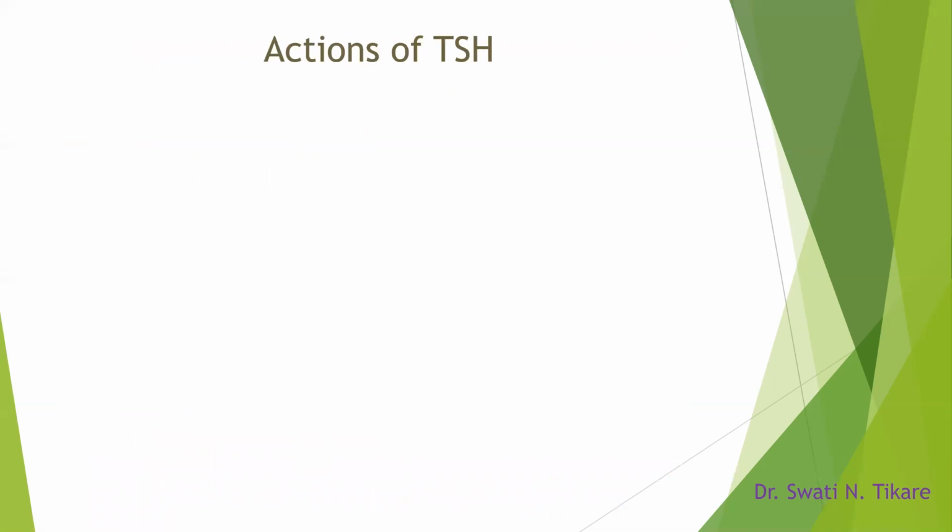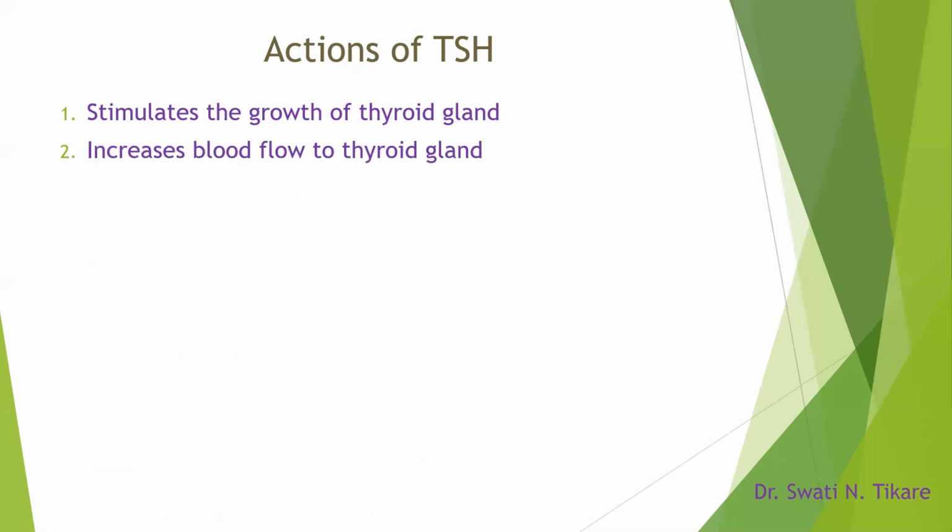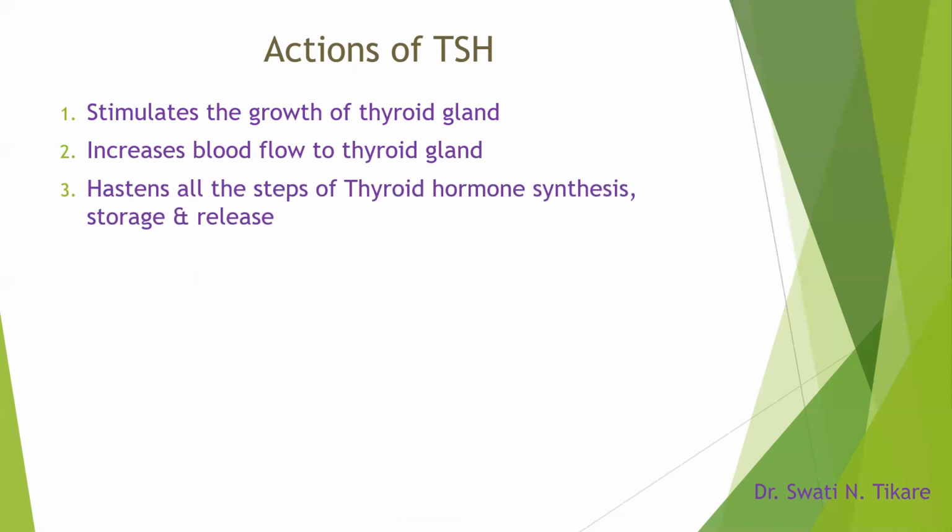Now coming to the actions of TSH, very simple. Its only action is on the thyroid gland, almost 90% majority. It stimulates the growth of the thyroid gland. It increases the blood flow to the thyroid gland. It hastens all the steps of thyroid hormone synthesis, storage, and release.